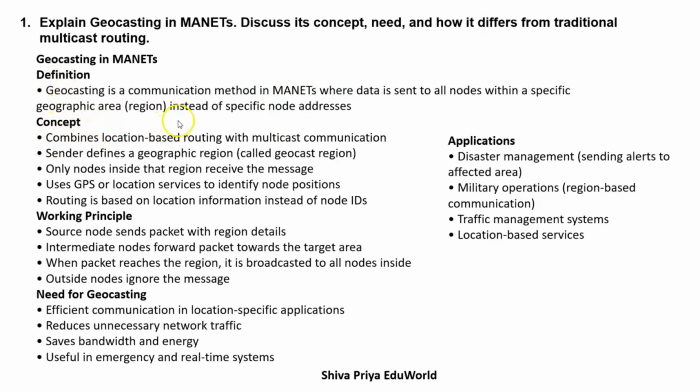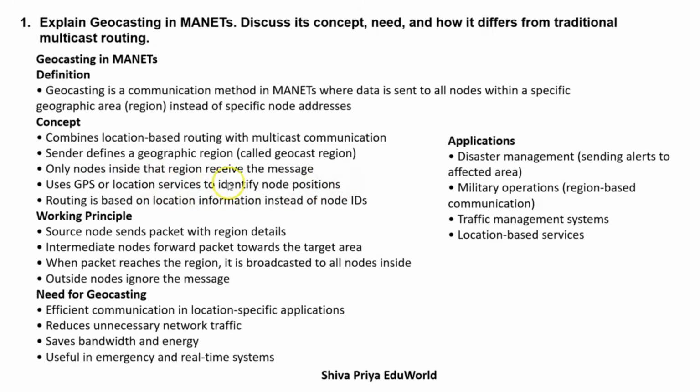Here it combines location-based routing with multicast communication, and the geographic region is defined by the sender only, which is called the geocast region. And only nodes inside that region receive the messages. The nodes which are there in that particular region will only receive the messages. It uses GPS or location services to identify the node's position.